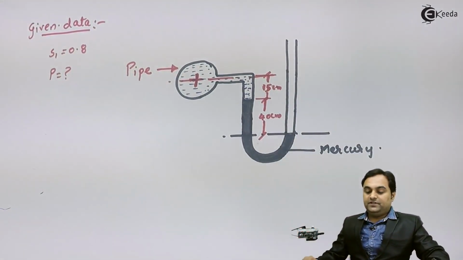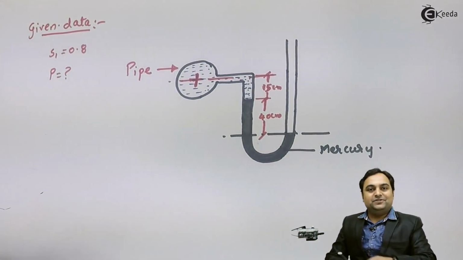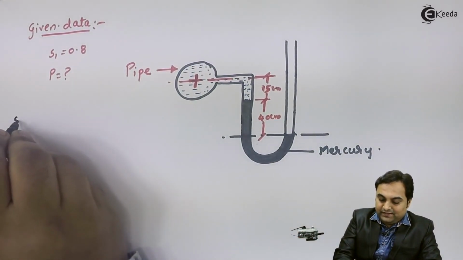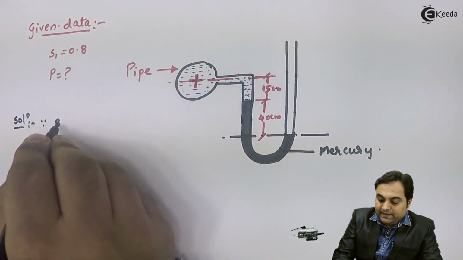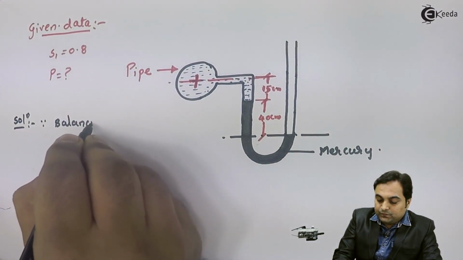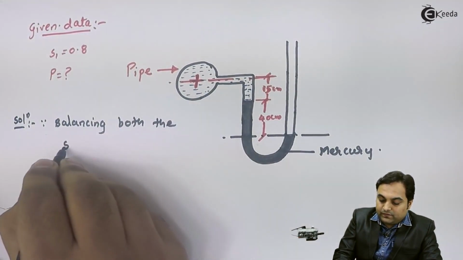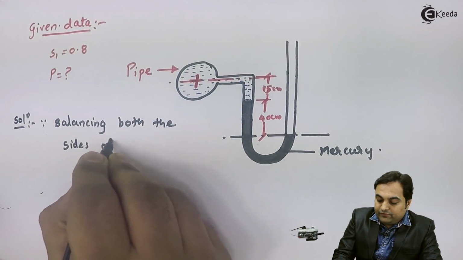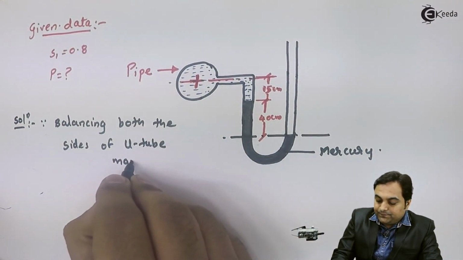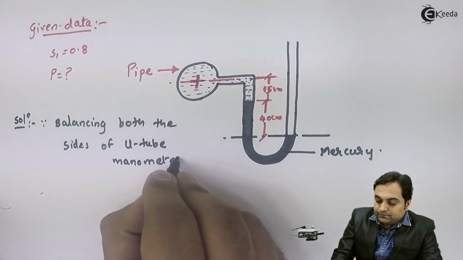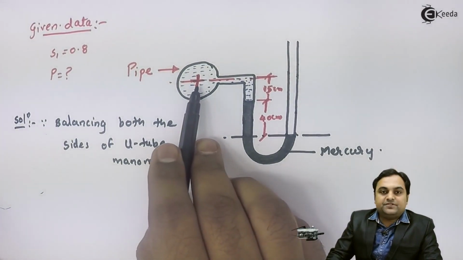So this much is the data which we have, and let us try to get the solution for this problem. In the solution part, I'll say that since we are balancing both the sides of the U-tube manometer, I'll start from this pipeline.